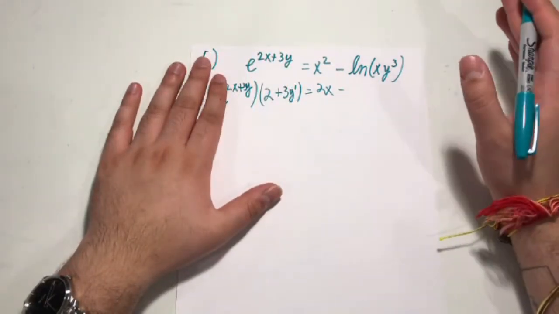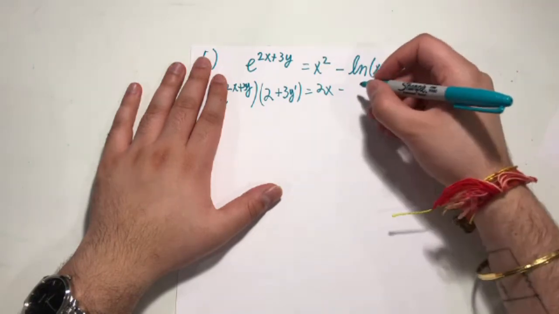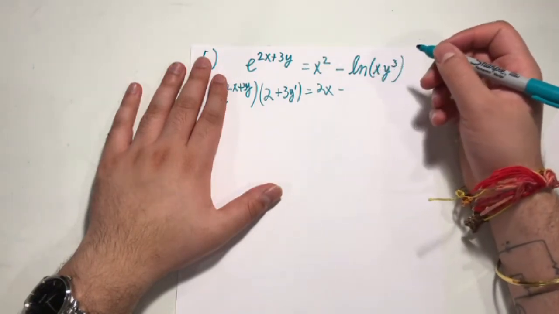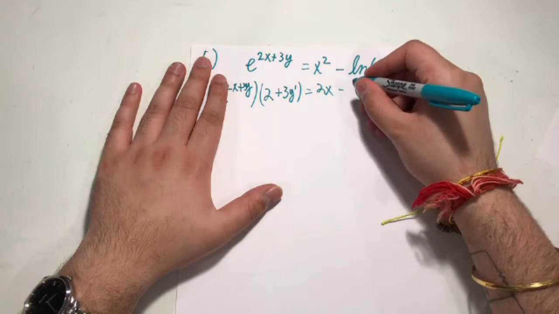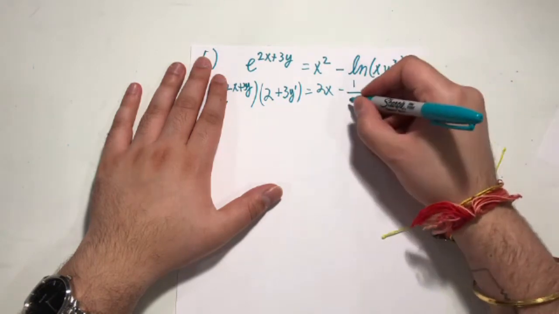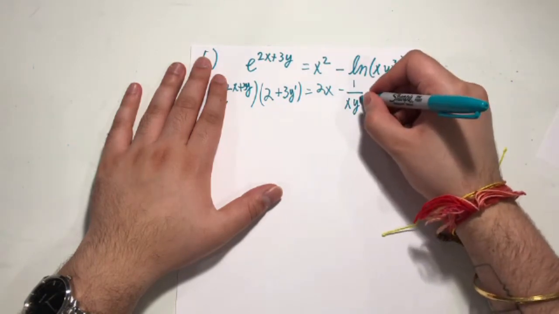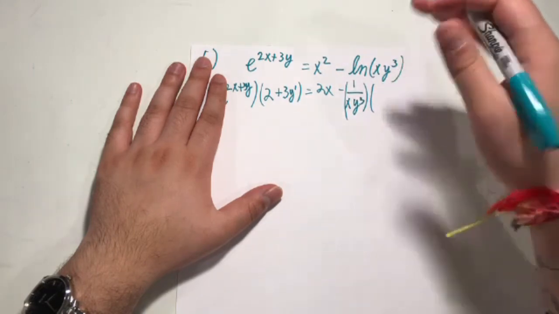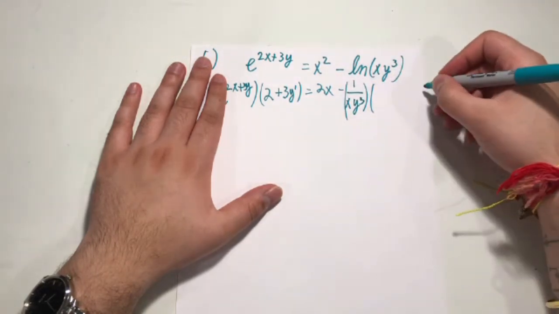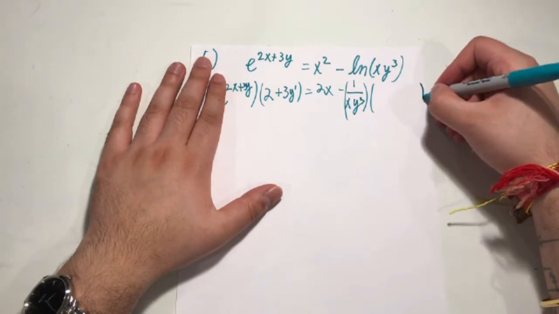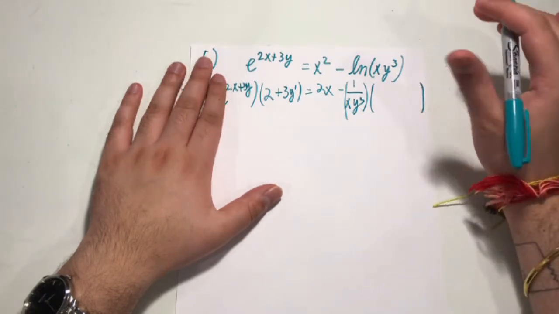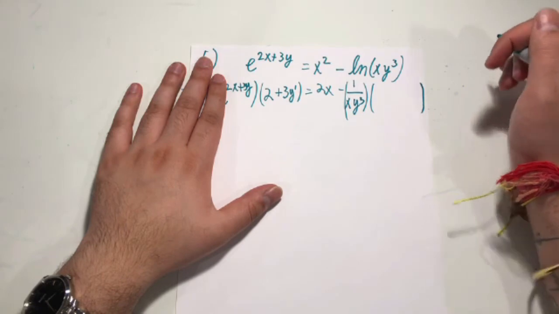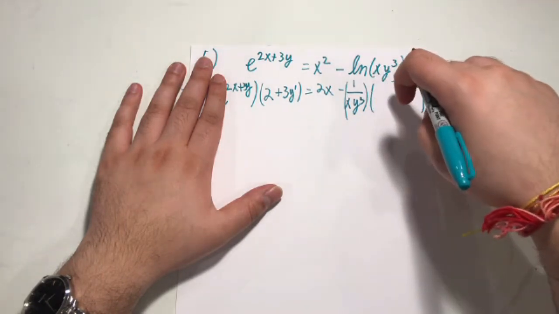The derivative of the outside, that one's easy. Derivative of ln of x is 1 over x. So that's going to be 1 over what's on the inside, x y to the third, multiplied by the derivative of the inside. Now this is where it kind of gets a little more complicated, but it's very similar to problems 2 and 3. What is the derivative of x y cubed, right?